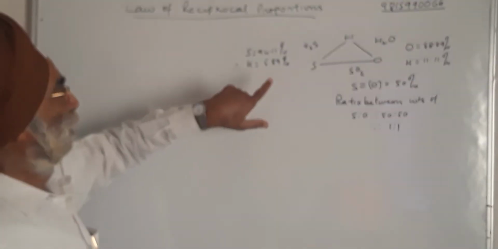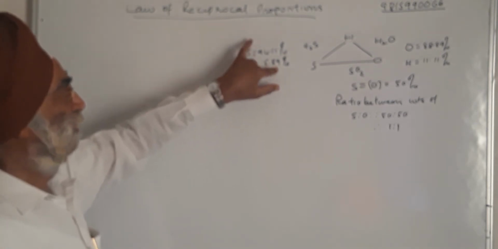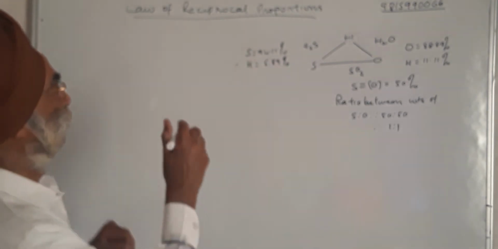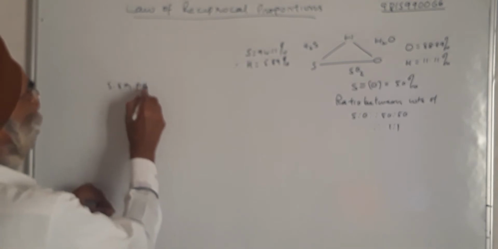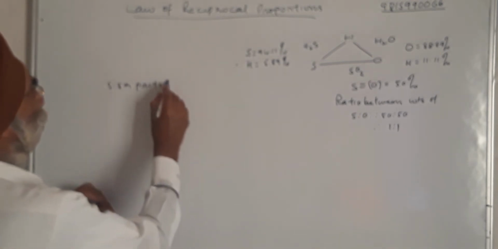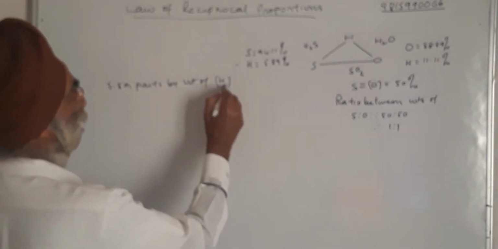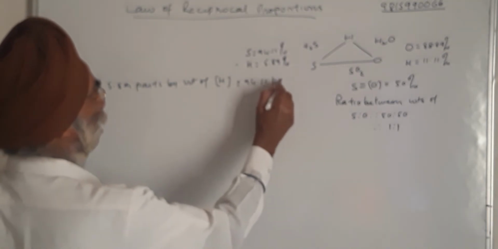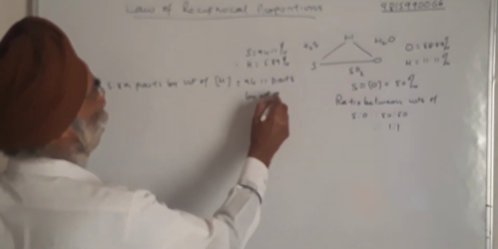Here, 5.89 parts by weight of hydrogen combined with 94.11 parts by weight of sulfur.